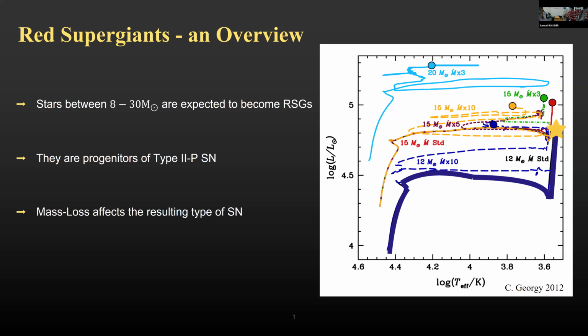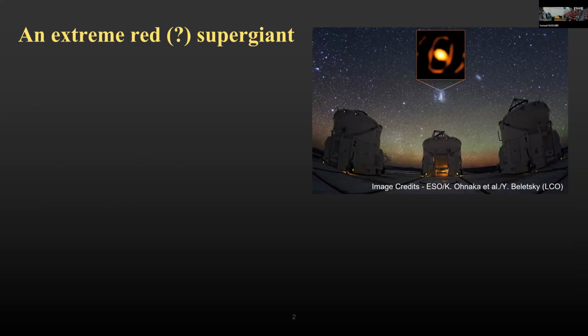But if we increase the mass loss rate by a factor of 10, this is what happens, and this is where the star ends its life. We see a few blue loops, it moves around and ends its life in a much bluer region of the HR diagram.